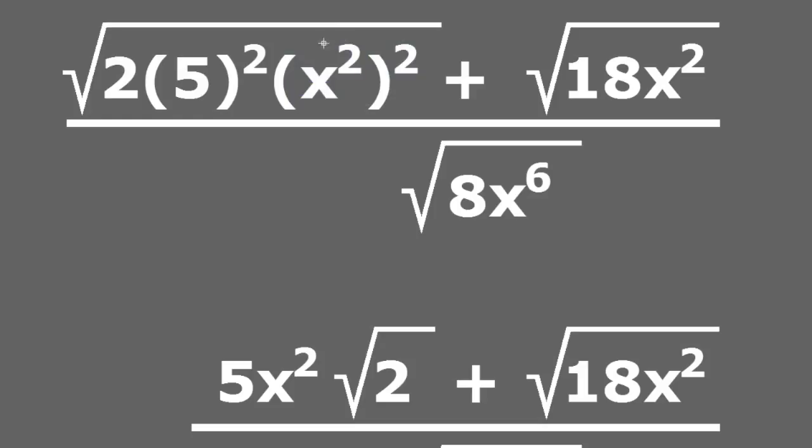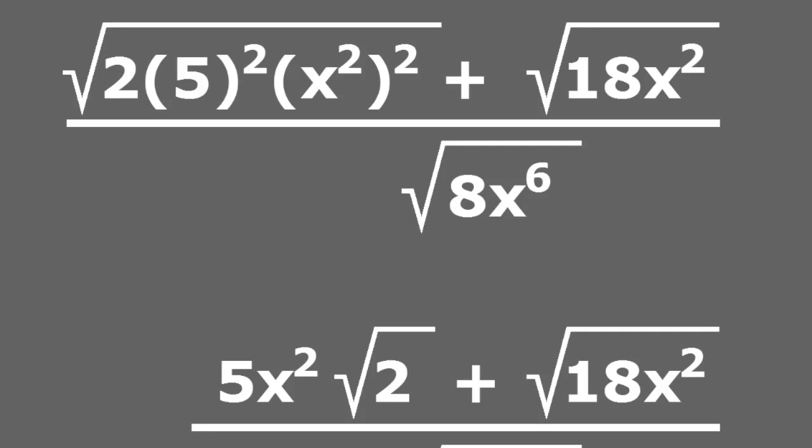So what I can take outside of the radical sign is x squared, because x squared is also squared. So x squared, because it has an exponent 2, comes outside of the radical sign, and that is why you see down here that I have 5x squared outside of the radical sign.